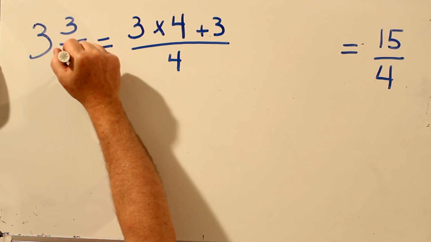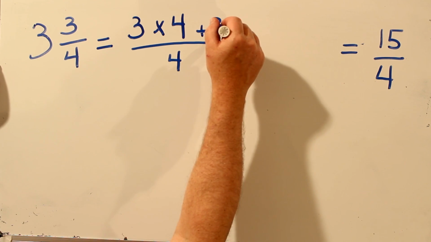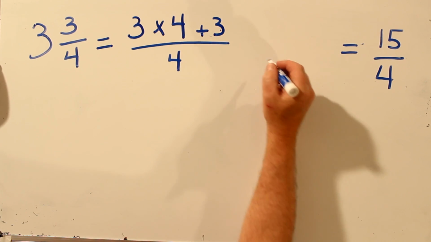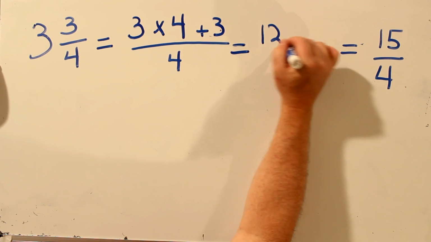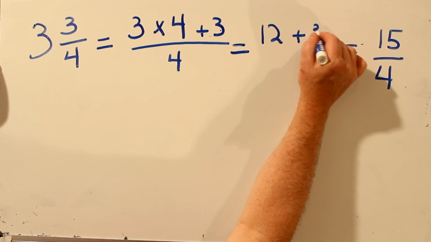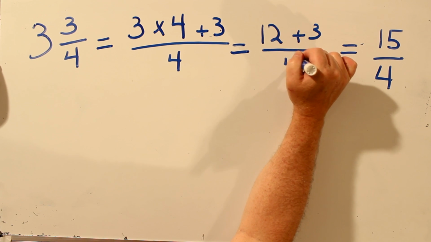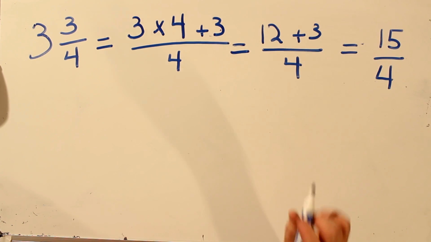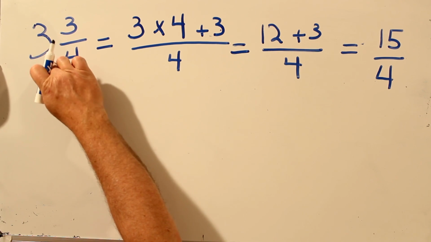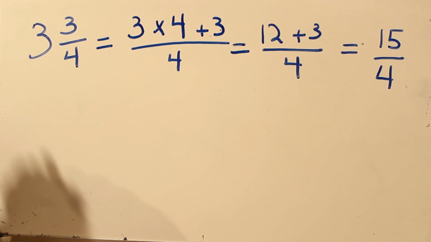So whole number times bottom number plus top number all over the bottom number. Well, 4 times 3 is 12. 12 plus 3, all over 4. And 12 plus 3 is 15 over 4. So that's how we went from 3 3/4 to 15/4.